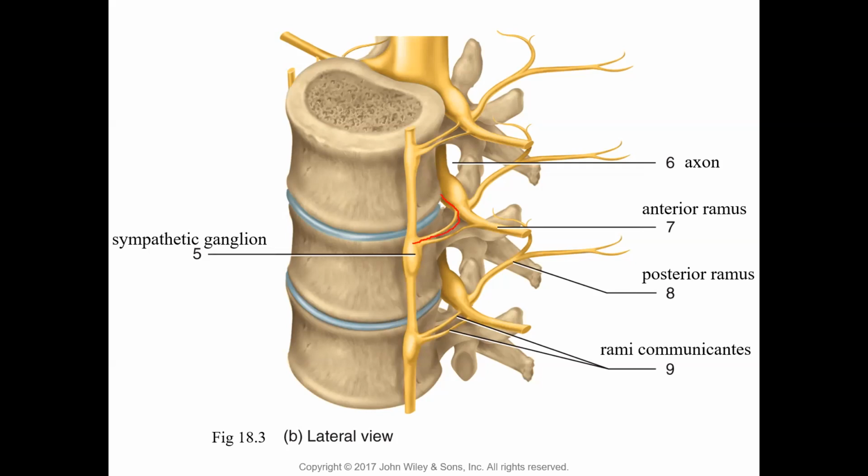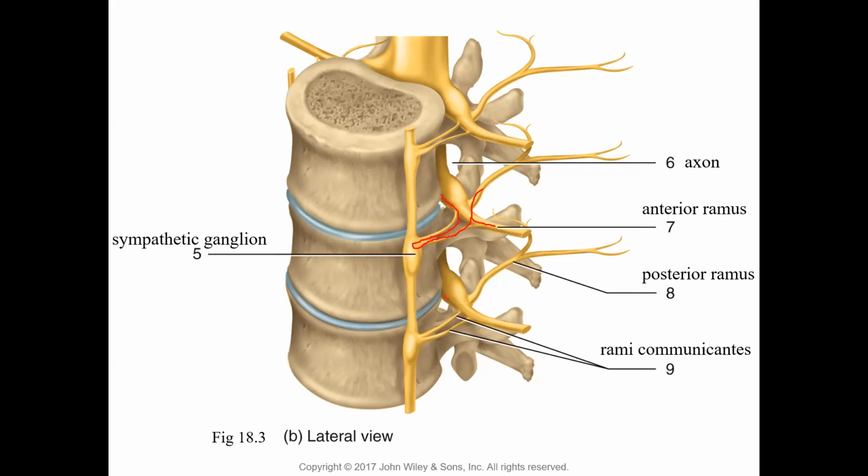white rami communicans coming in, and some fibers without relaying will turn around and go back into the spinal nerve. They could go into the posterior root or the anterior root, depending on which organ they are going to be supplying. So this will be your splanchnic nerve that comes out without synapsing in the sympathetic ganglion.